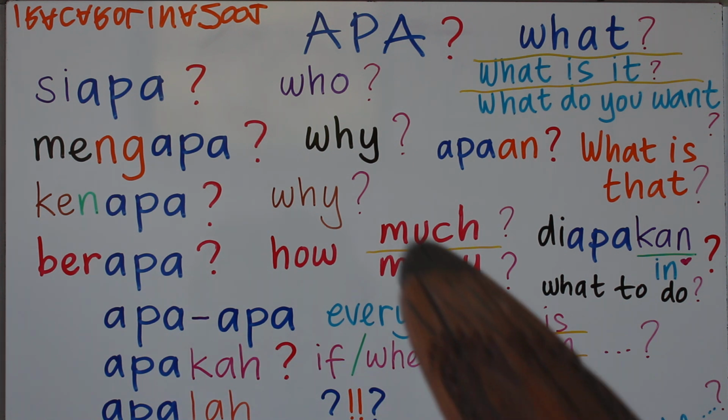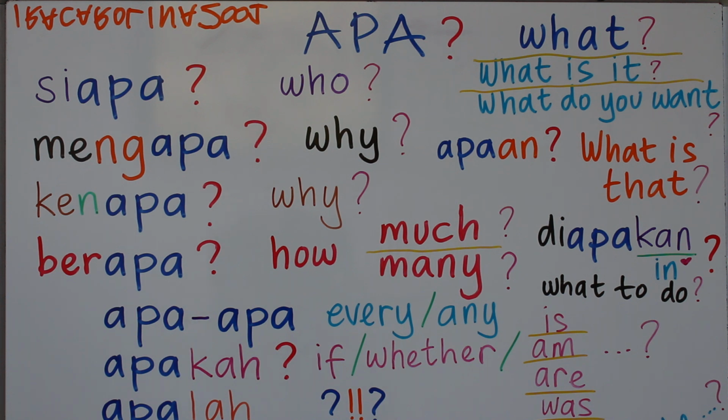If we add the suffix an, apaan, what is that? And in Indonesian daily conversation or casual, we kind of don't say lots of words. By saying apa itself is already what is it, what do you want, and who, just siapa.